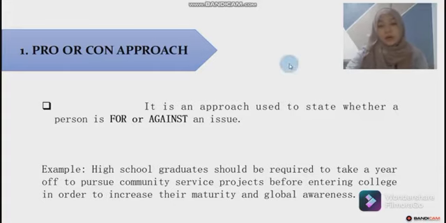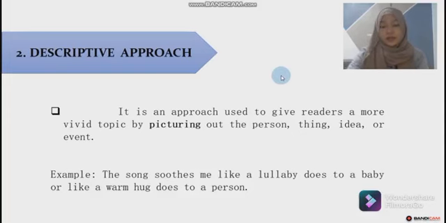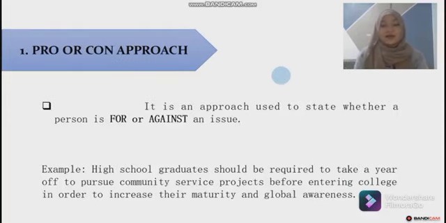So in pro or con, in this given example, we can make a list of the pros and cons. For the pro, for the advantages for the high school graduates: number 1, they will earn knowledge.